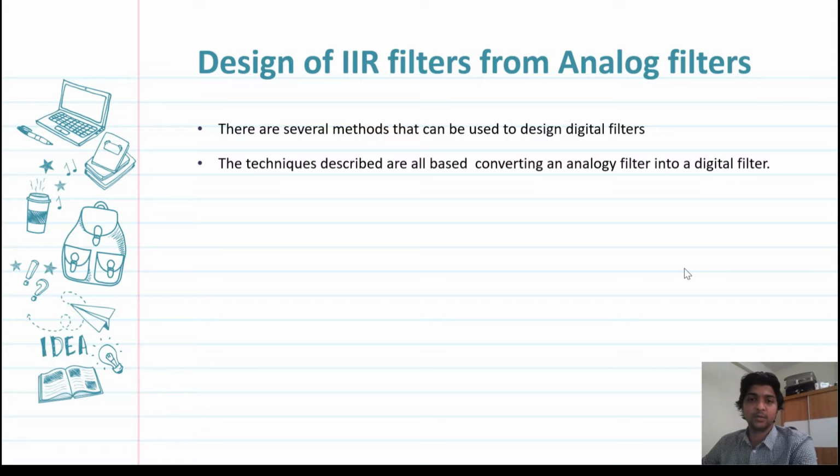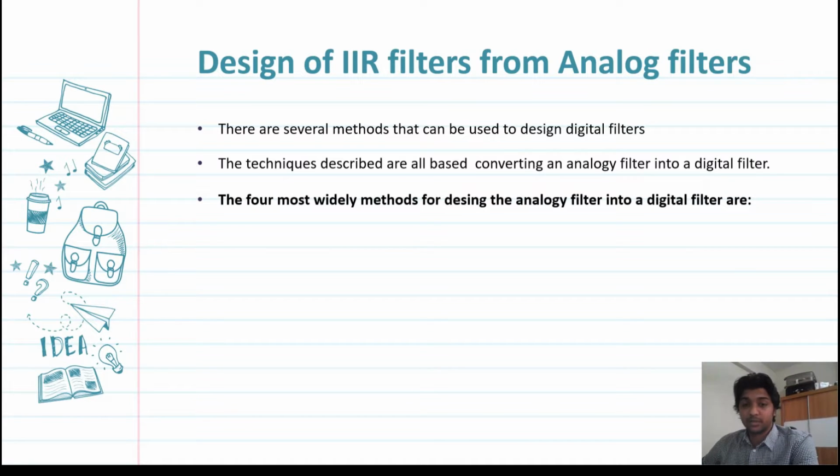In this part, I will explain an example of designing an IIR filter from an analog filter. There are several methods that can be used for designing digital filters. The techniques described are all about transforming an analog filter into a digital filter.